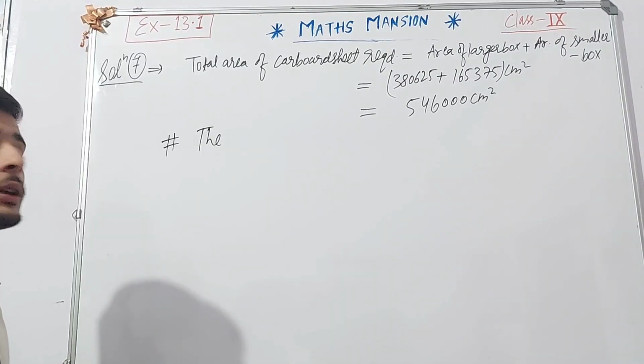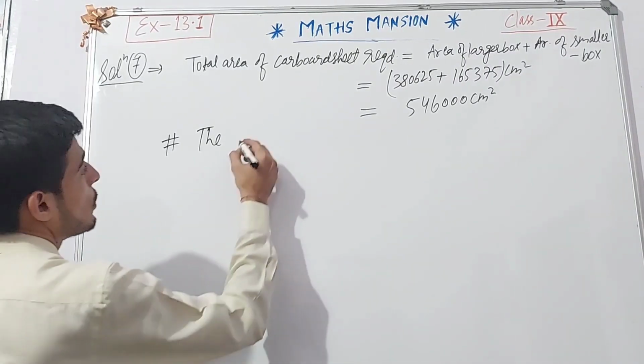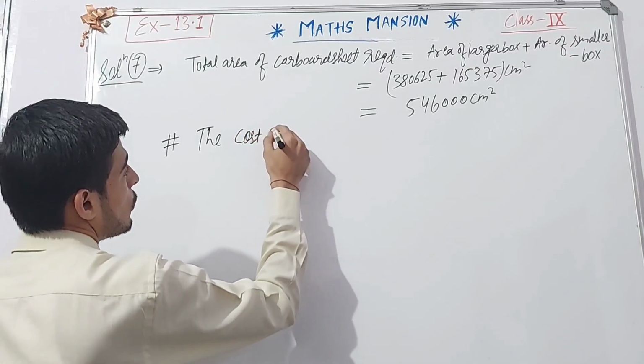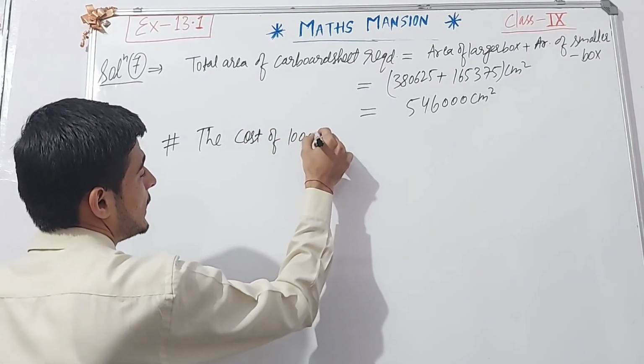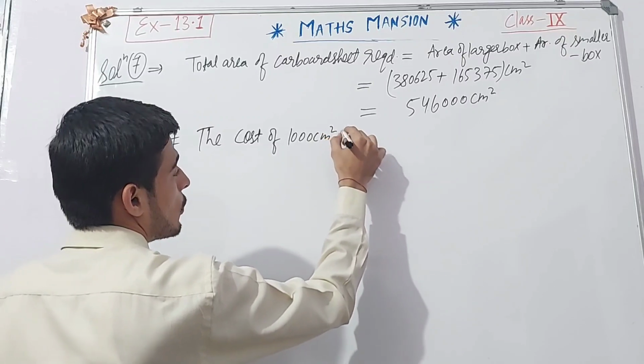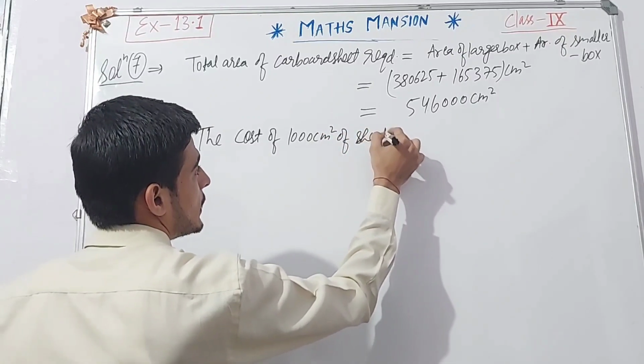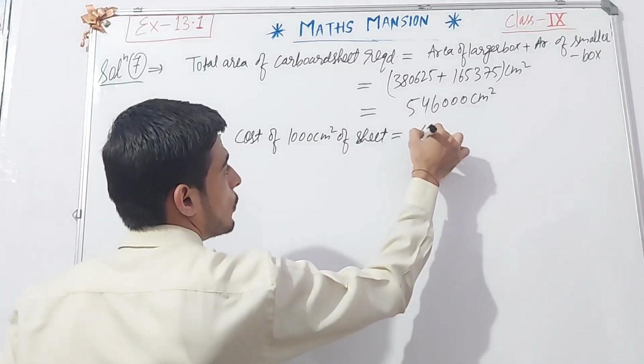In the question, we are given the cost of 1000 centimeter square of sheet as 4 rupees.